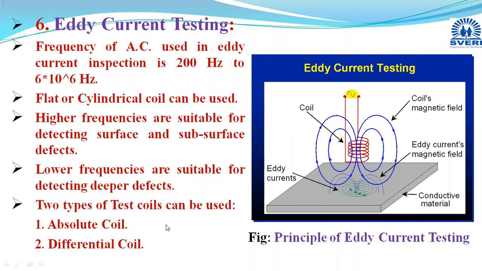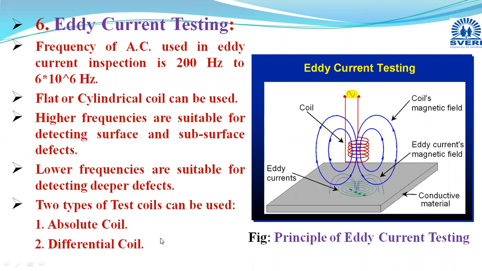Now in the differential coils, we are using two different coils here. One coil surrounds the standard specimen, and one coil surrounds the test specimen. The standard specimen will be defect free.